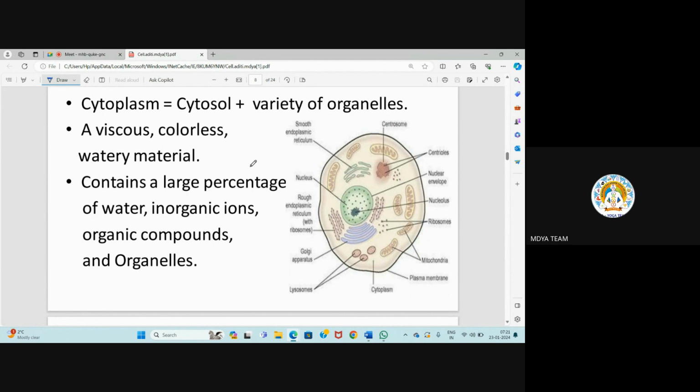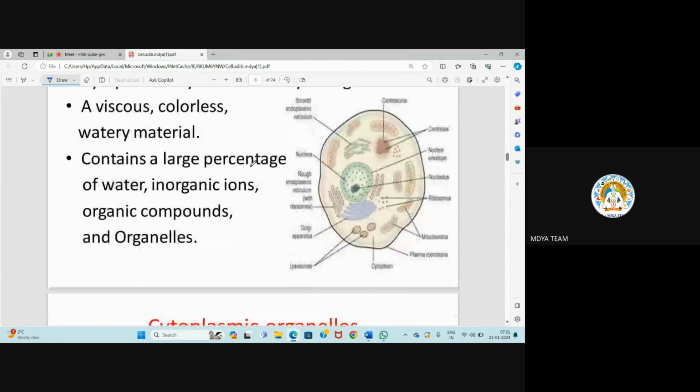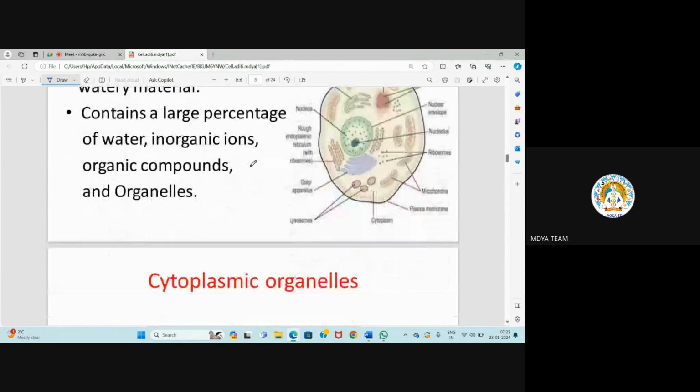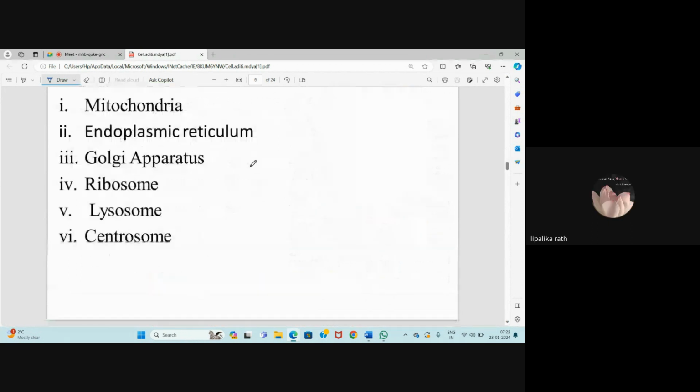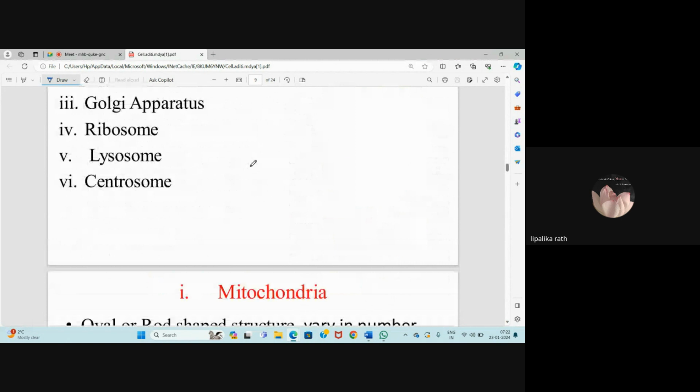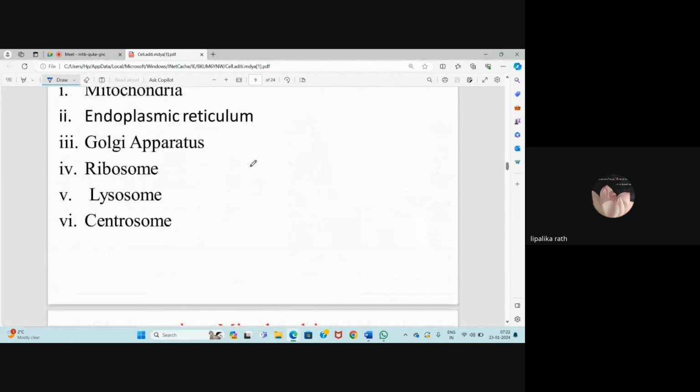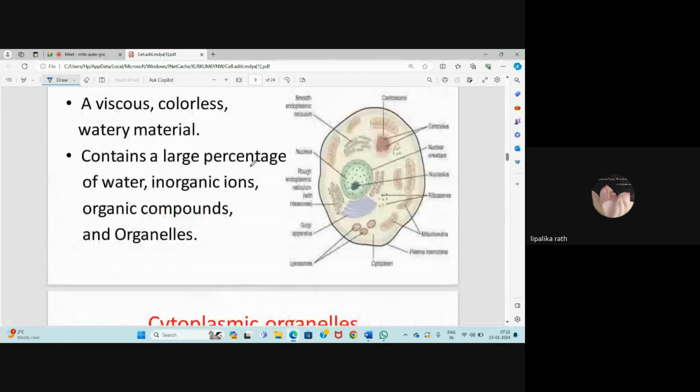They are separated by a covering or membrane. Ma'am, the only difference between prokaryotic and eukaryotic is the nucleus cell membrane. Is it right? I think you understood right, but it's not nucleus cell membrane, it's nucleus membrane.